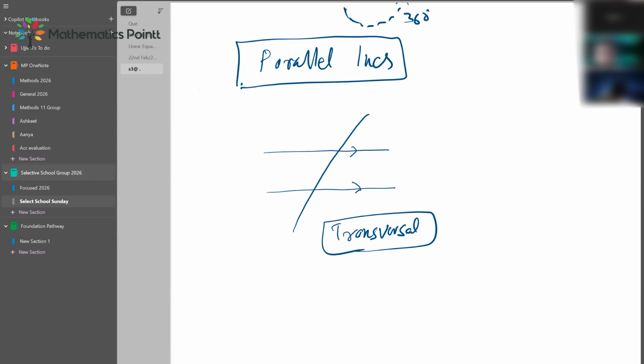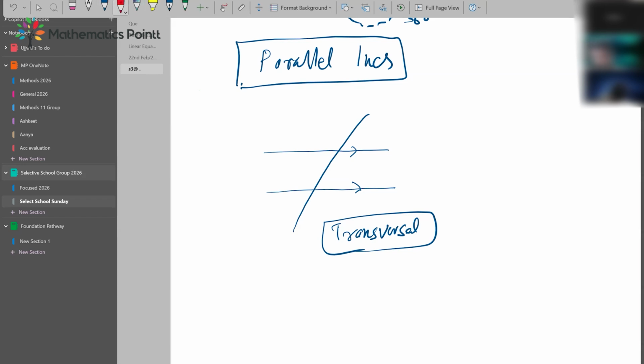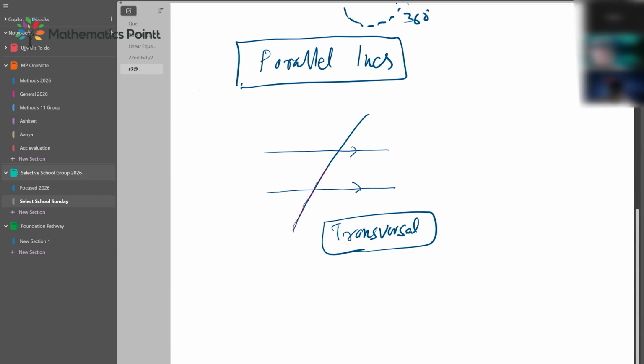In our scenario, these two lines are parallel lines. So maybe I will change the color to represent it slightly differently. So this red line is transversal. Any line that cuts two lines, parallel or non-parallel, is called transversal.